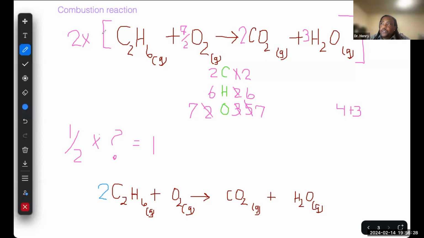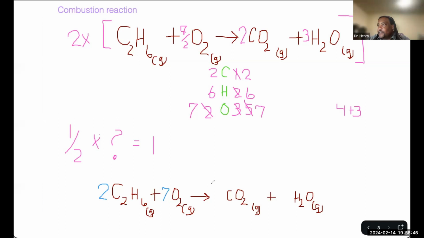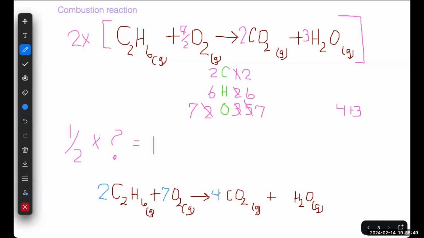And 2 times 7/2, so the 2's are going to cancel out, and we're going to be left with 7. And then 2 times 2 is 4. And 2 times 3 is 6. Okay, so this would be our chemical equation.